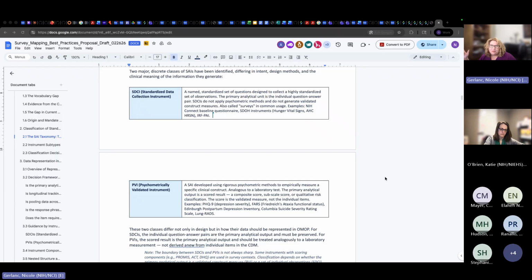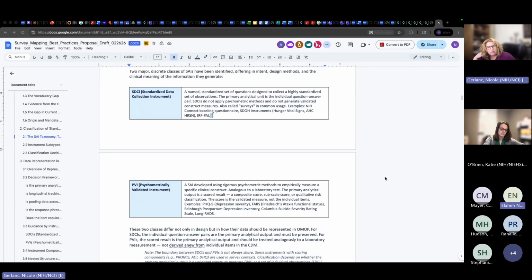And another difference is that psychometric instruments have outcome scores, so often you don't necessarily want to map the question-answer pairs. You want to map a score indicating high risk or low risk. They're different enough in development and how they're analyzed that, in terms of how they'll be mapped to OMOP, it makes sense to separate them out.